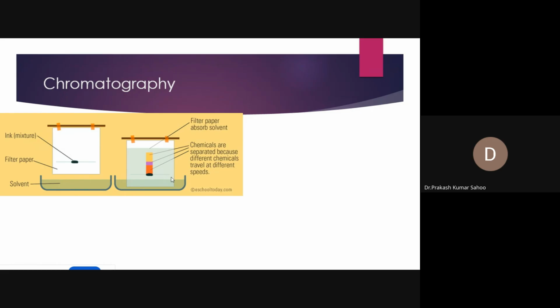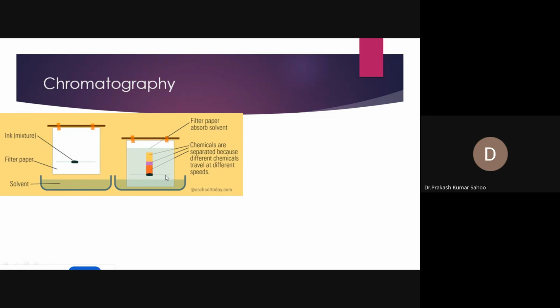That means the component which is strongly held will remain at the bottom, and the component which is loosely held or loosely bound with the solvent will go up. The component which is above is loosely bound, and the component which is below is strongly bound.